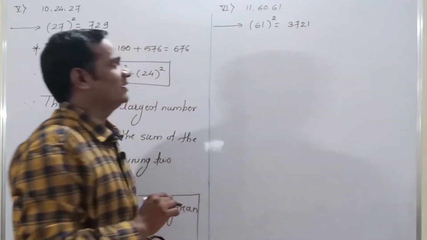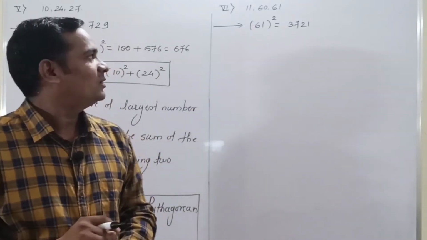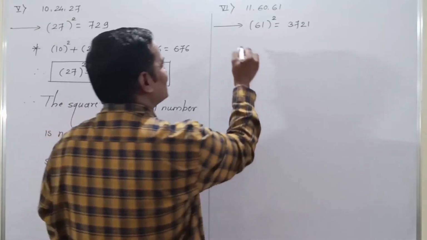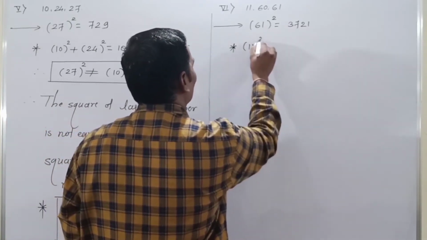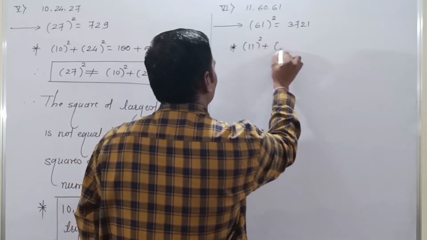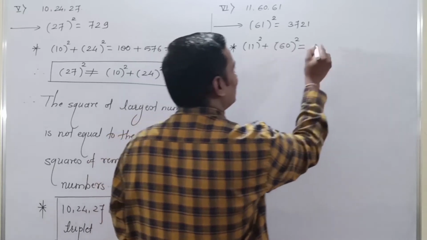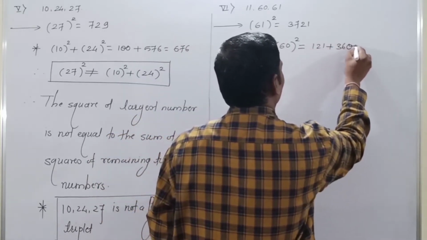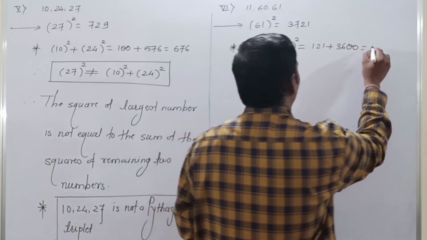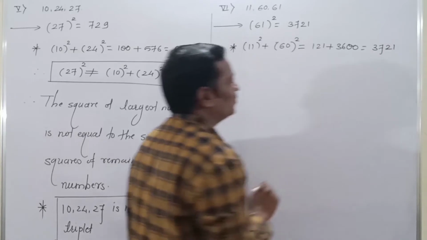And we know that 61 whole square, that means 3721. Okay. Now this is the square of 61. So let's check out the sum of the squares of remaining two numbers. So this will be 11 whole square plus 60 whole square is equal to, now square of this 11 is 121 plus 3600, and that sum will be again, look at that, 3721.